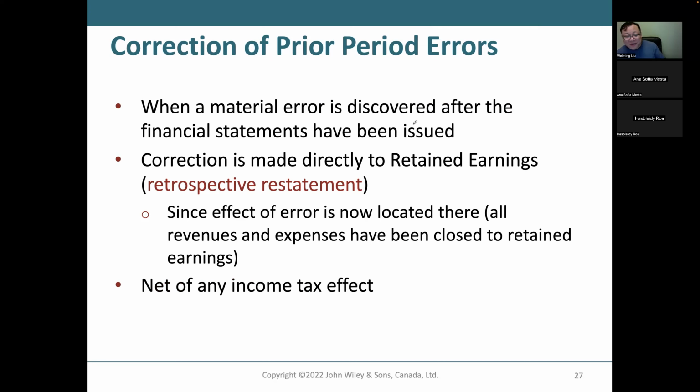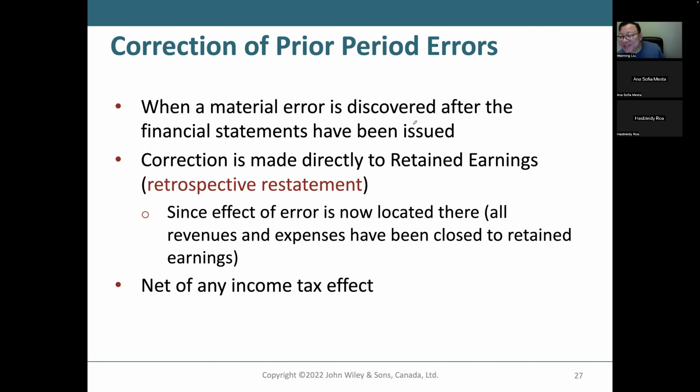And you didn't find it until the next year, right? Then you have to perform a correction. How does that affect your income? Is that understated or overstated last year? Then you are going to make the correction to the retained earnings.